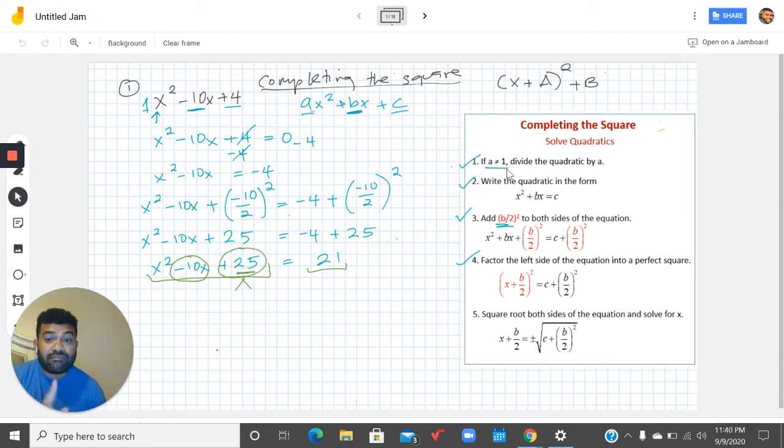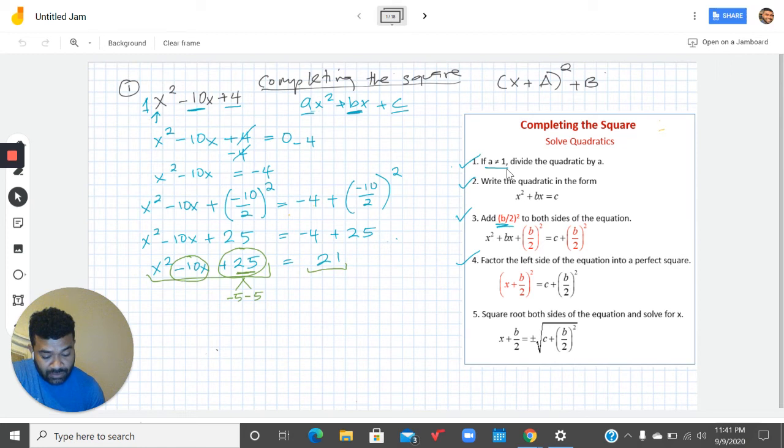Two numbers that I multiply should give me a positive 25, and when I add them together, it should give me a negative 10. So those two numbers are a negative 5 and a negative 5. Because negative 5 multiplied by negative 5, a negative and a negative, gives me a positive 25, and a negative 5 plus a negative 5 is going to give me a negative 10, so it works perfectly.